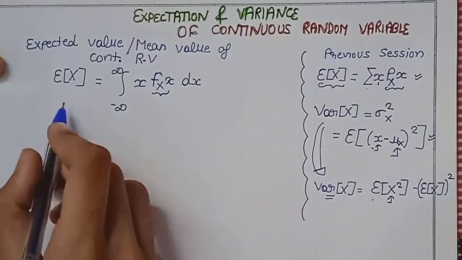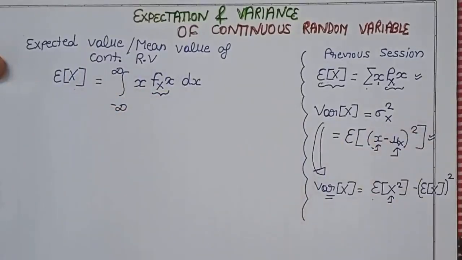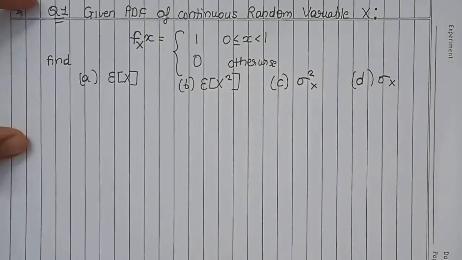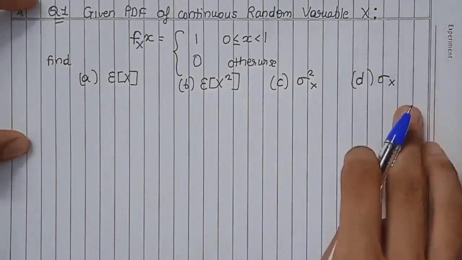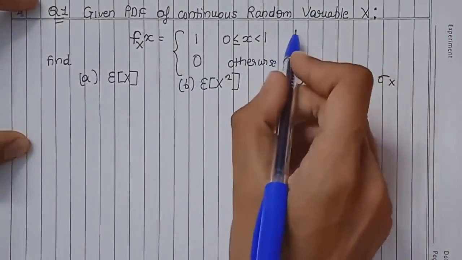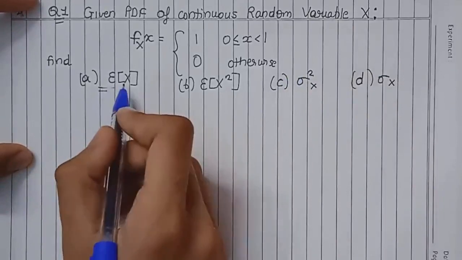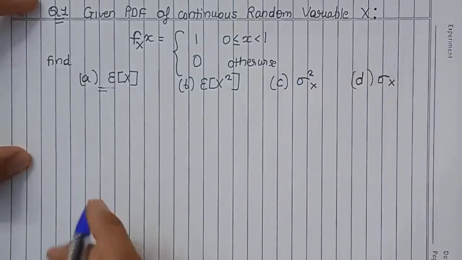So let us quickly take an example to understand this formula. So this is the example. Here in this example, for the random variable x, a PDF table is given to us, and here in the A part we need to calculate the expectation of the random variable.